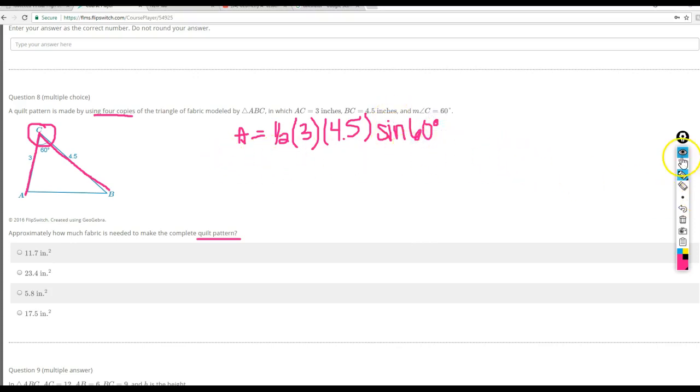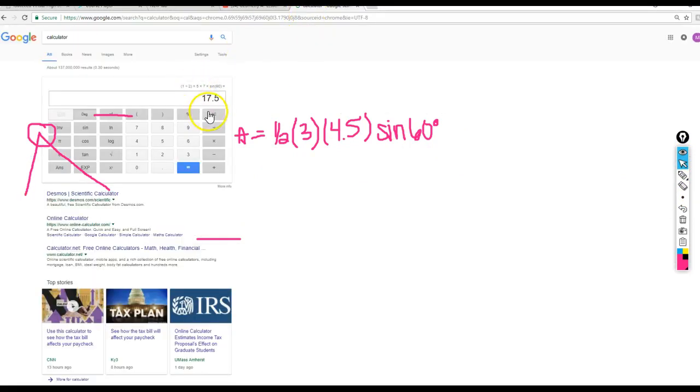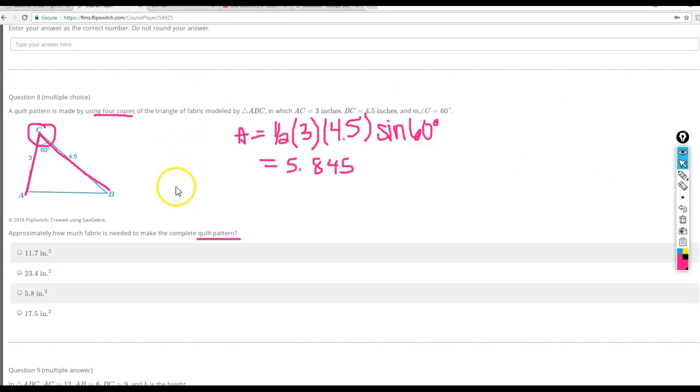And so we are going to use our calculator and type it in. We have 1/2 times 3 times 4.5 times sine of 60. And that's going to equal 5.845. And this is going to ask us approximately, so this is the nearest tenth.